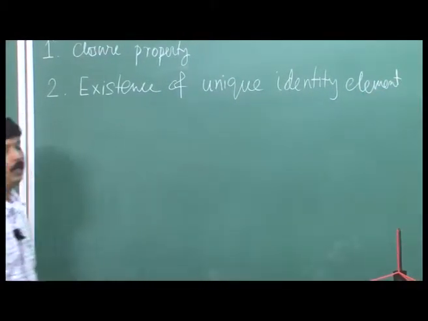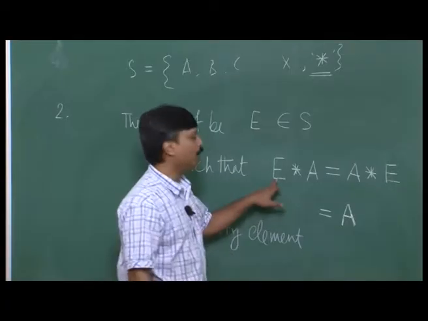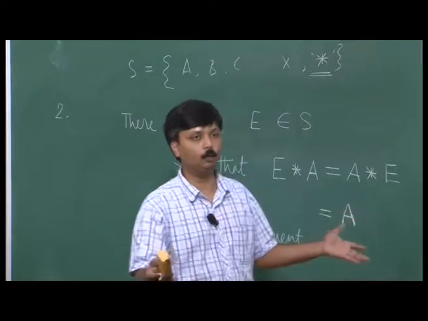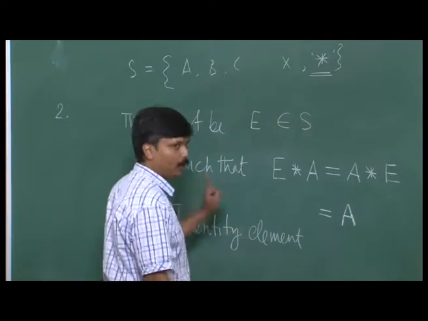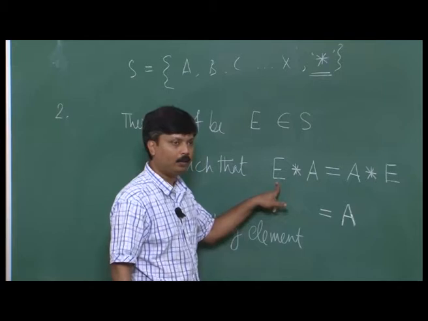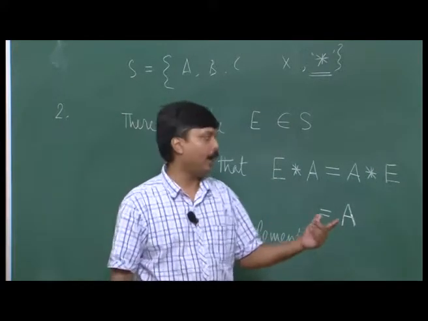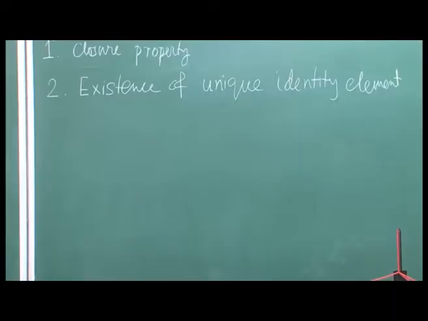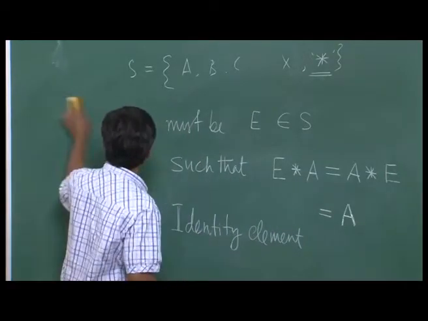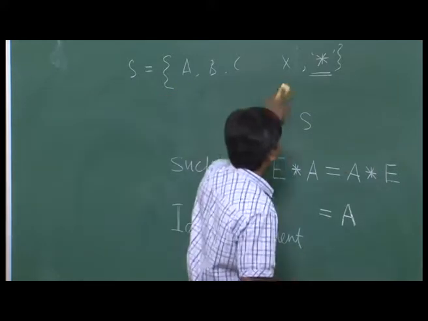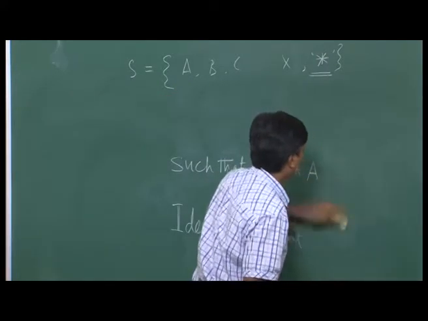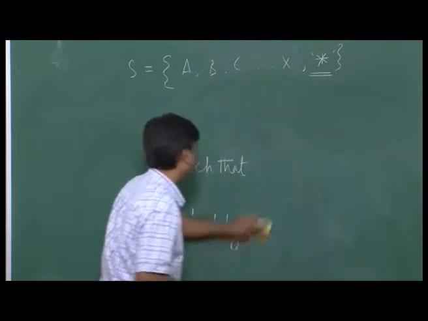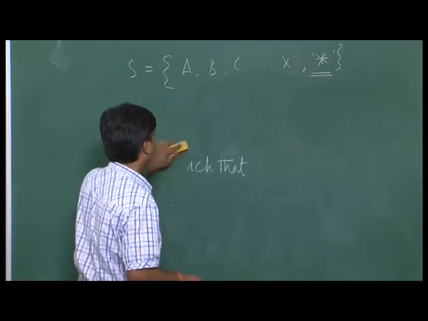You cannot have two such elements in a set and still have it be a group. There will be only one element of its kind. That's why it is unique, and this element is known as the identity element. So we have found two conditions that need to be satisfied in order to form a group.